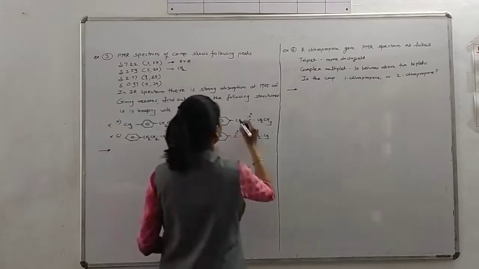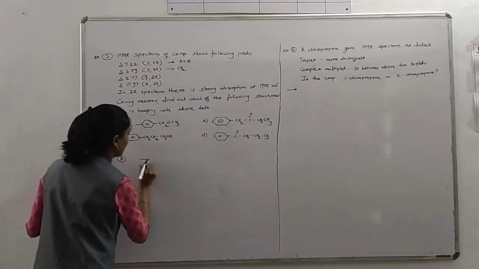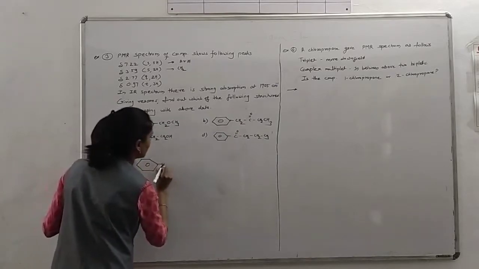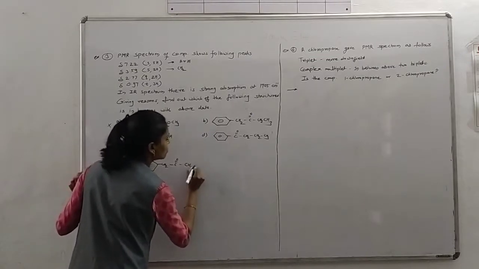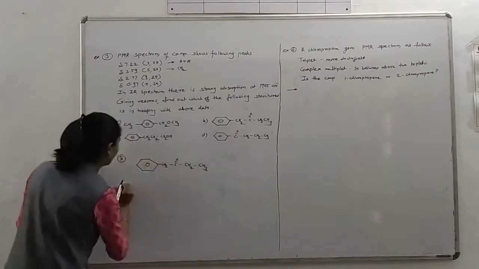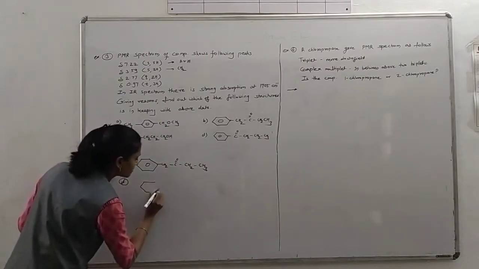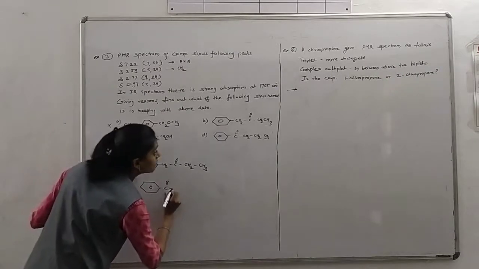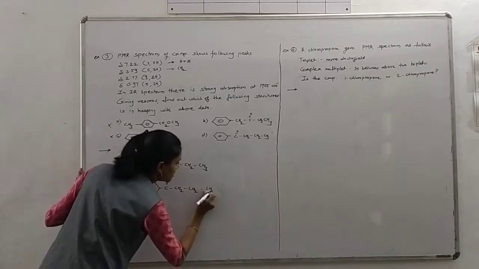Here we write down B: benzene is attached to CH2, C double bond O, CH2, CH3. Our B possibility has a benzene ring, carbonyl group, CH2 group, CH2 group and CH3 group.